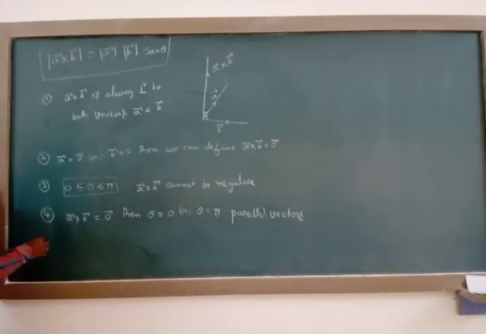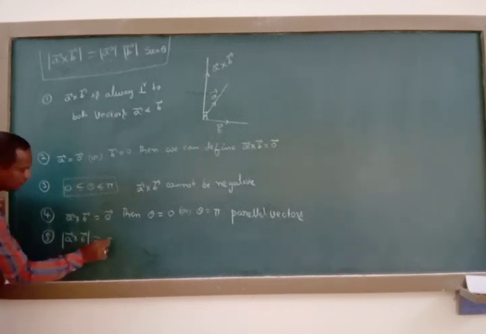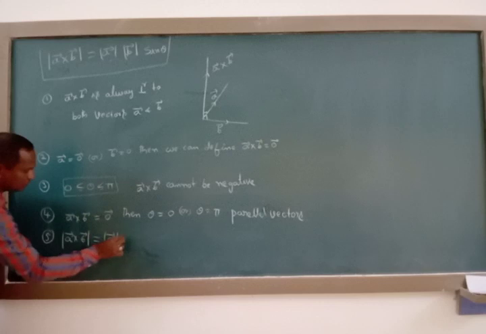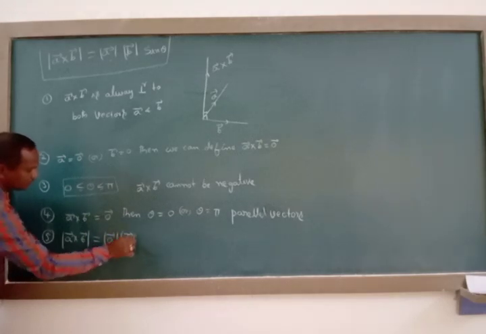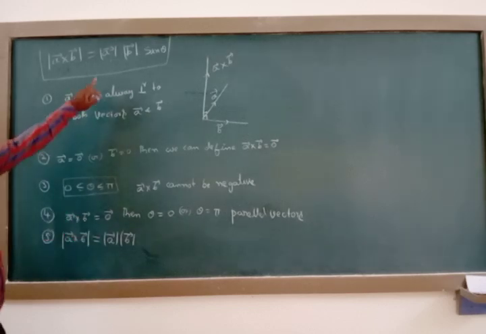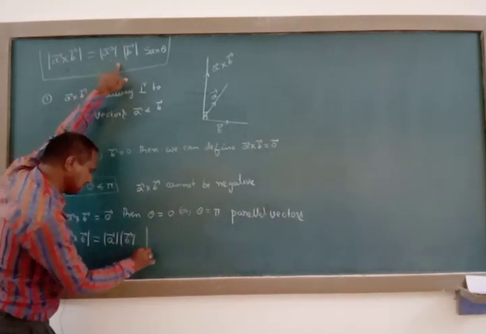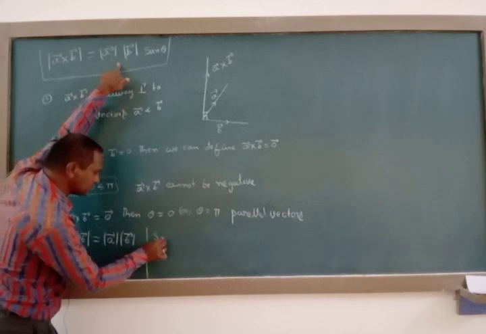Next one is fifth. If these two values are the same, magnitude of A bar cross B bar is equal to magnitude of A bar into magnitude of B bar, then sin theta value becomes 1.